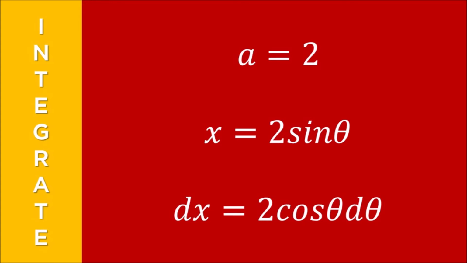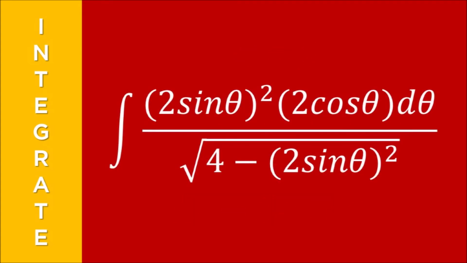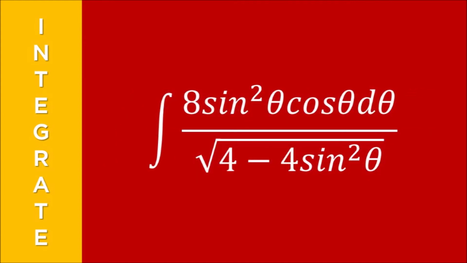Then, get its derivative, which is 2 cosine theta d theta, and substitute it into the whole expression. So it will become the integral of 2 sine theta squared times 2 cosine theta all over square root of 4 minus 2 sine theta squared d theta, and simplify it.